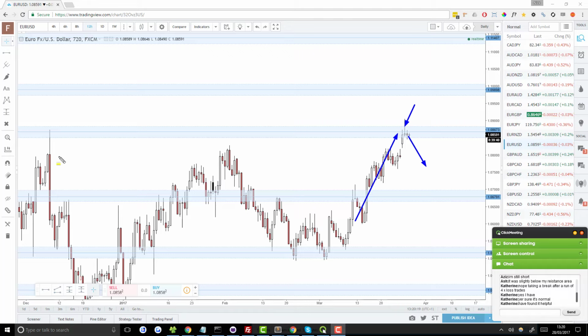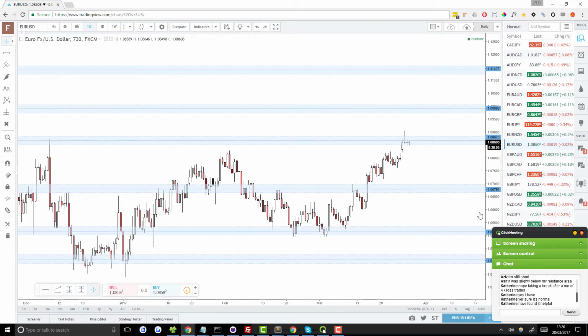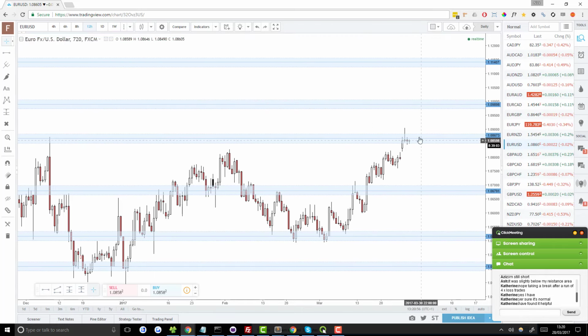Any reversal we get from here, you'd have to watch out for this area where a few of you wanted to short or did short. This is definitely a minor support resistance, so we could get a situation like that and the trade won't work out. Even if you did short, there's a lot of mess where price has to get through in order to hit your target. But that's not any real reason to stay out of the trade completely.